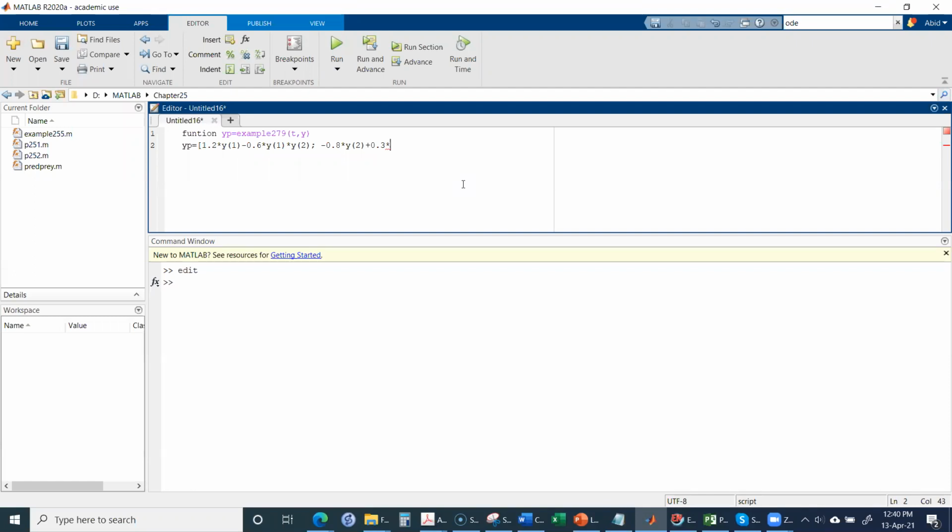X is represented by y1, times y2. Then bracket close. Then we will put a semicolon, and then we will end it, and then we will save this function.